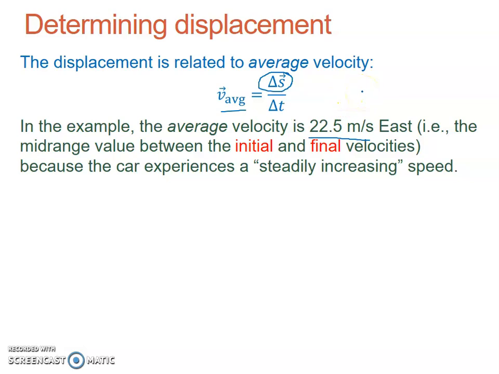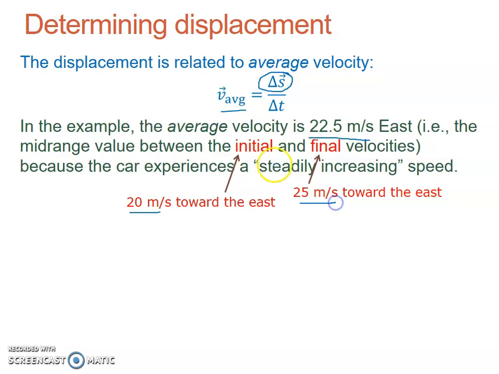So the initial is 20, the final is 25. Let's say it took 20 seconds to increase its velocity from 20 to 25 meters per second. Okay, 20 seconds.